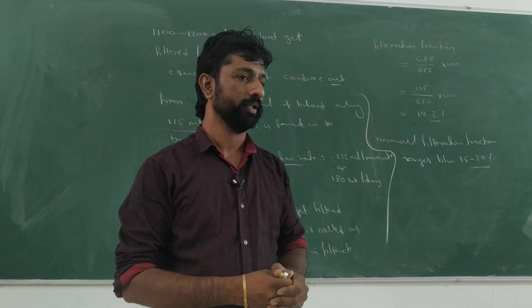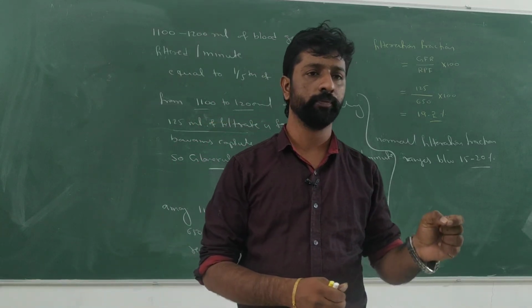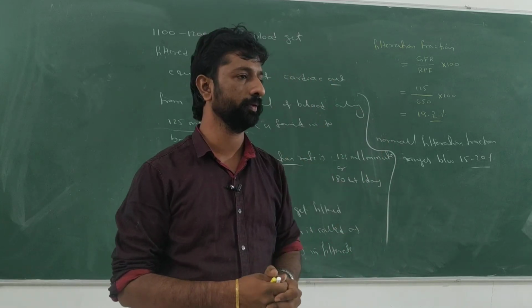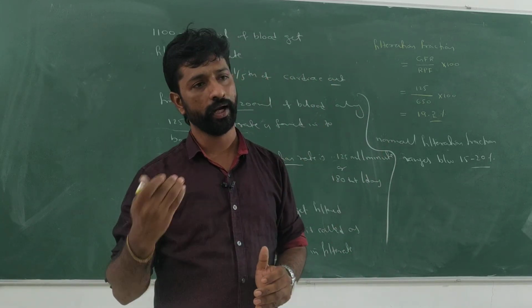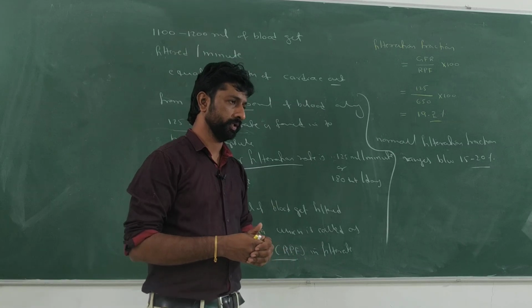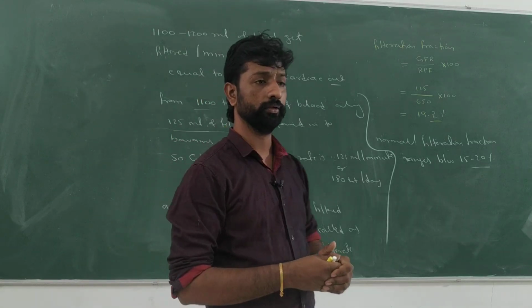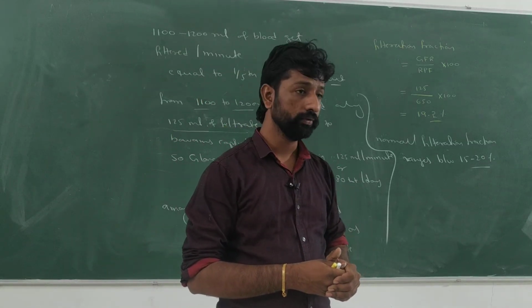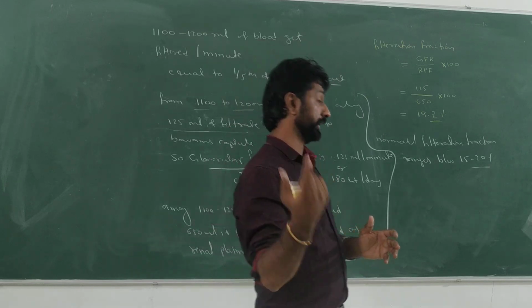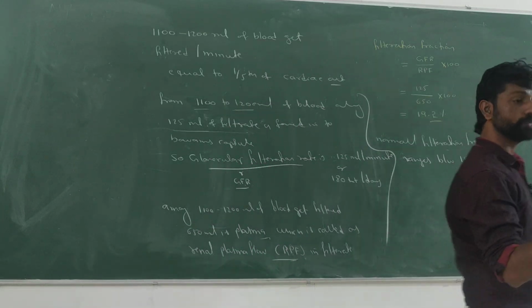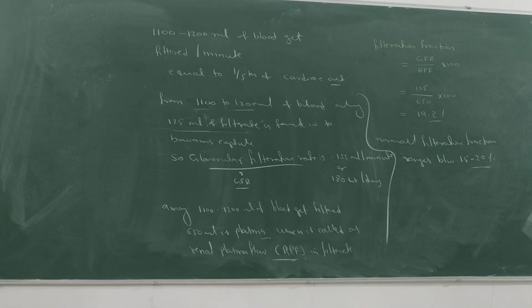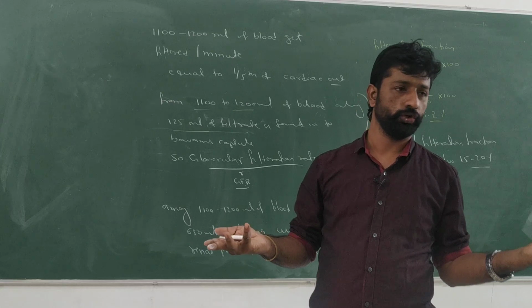In case the glomerular blood hydrostatic pressure is 50 mmHg only and blood colloidal osmotic pressure is 30 mmHg, and capsular hydrostatic pressure is 20 mmHg, together that is 50. 50 minus 50 is 0, it becomes 0.